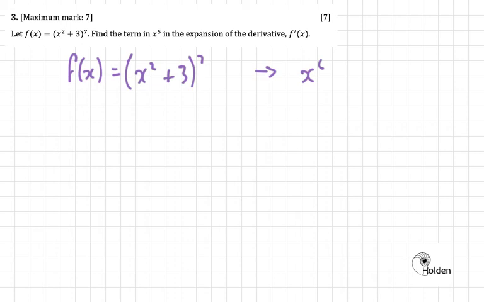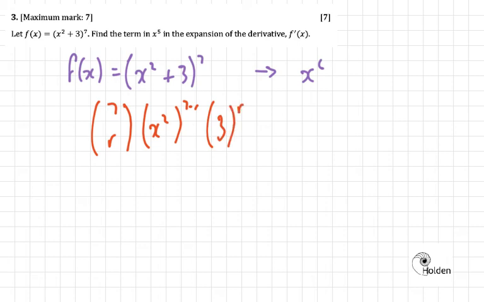So let's just do what we've done previously. So let's go with, we have 7 values, we need to choose r, we have (x squared) to the 7 minus r and 3 to the r.